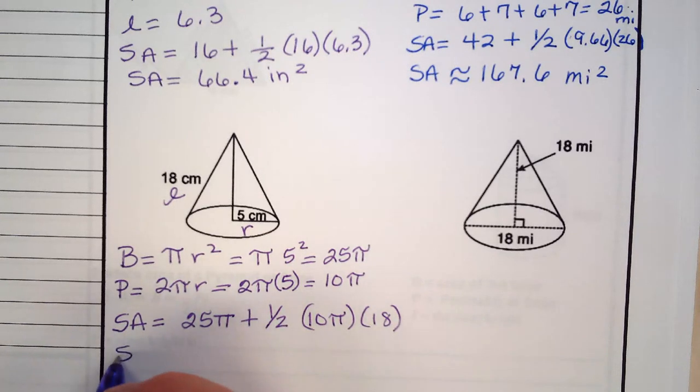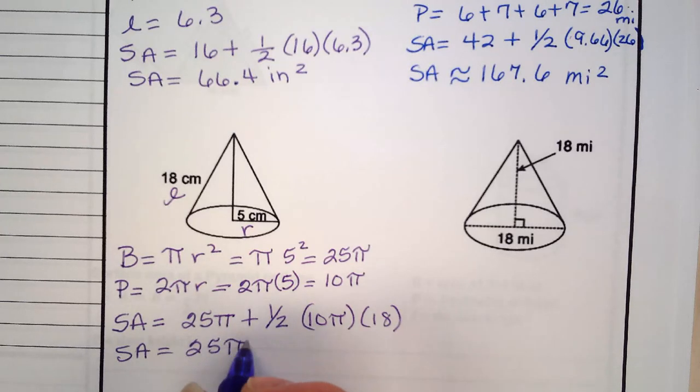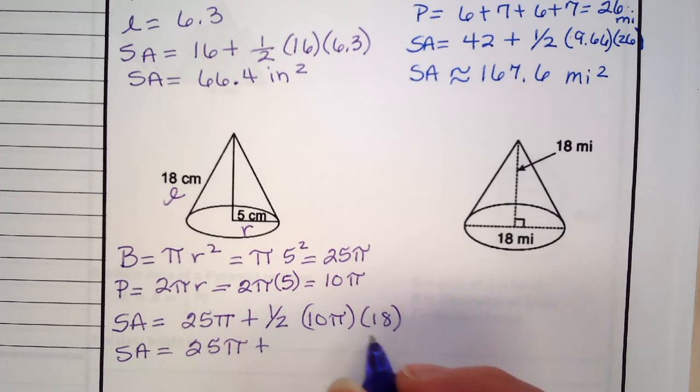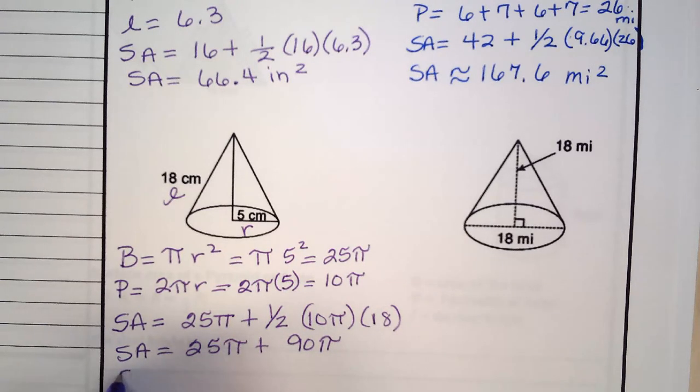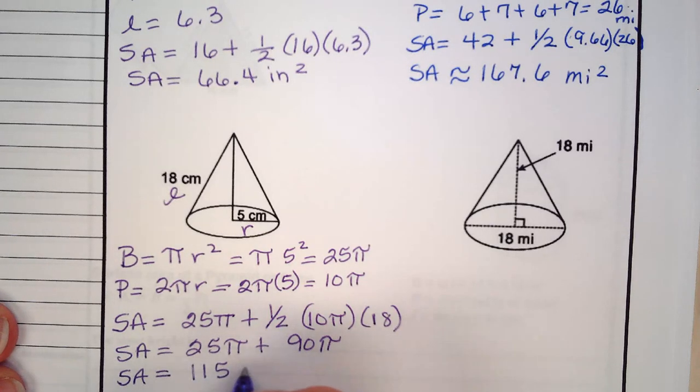Okay, surface area is equal to 25 pi plus 180 divided in half would be 90 pi. So my surface area is equal to 90 plus 25 pi, which is 115 pi centimeters squared.